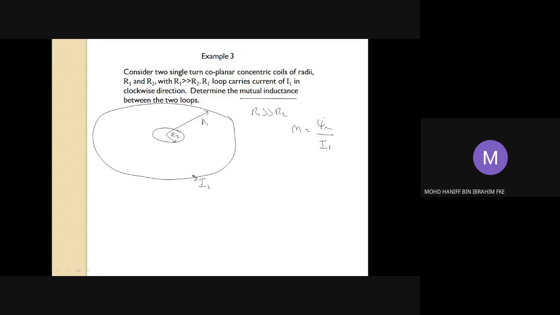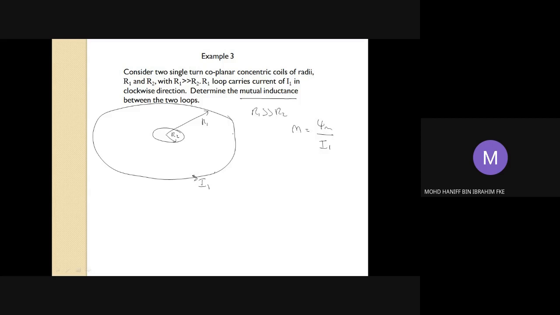So M, the mutual inductance, is the ratio between the magnetic flux psi M, which is calculated in this coil of R2, divided by I1, the current that produced that particular flux.